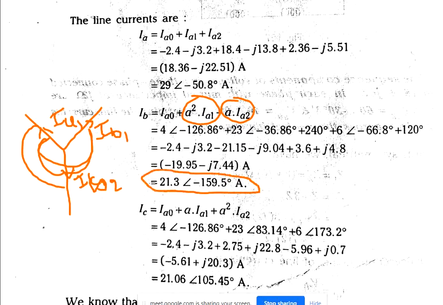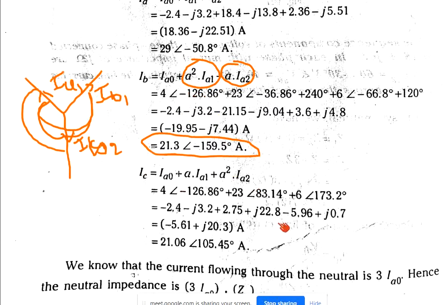Similarly, how will we find IC? The same with the sequence components. IC equals IC naught plus IC1 plus IC2, where I have written directly IA naught because IA naught, IB naught and IC naught are equal.